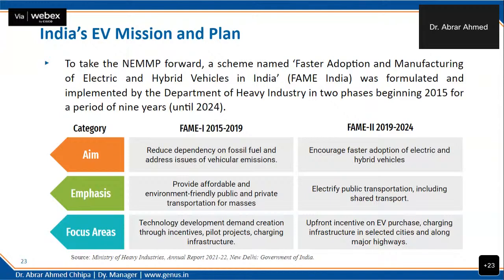If you look at the aim of these two FAME schemes, earlier in the FAME 1 scheme the main aim was to reduce the dependency on fossil fuel. Most of the incentive was provided for buying electric vehicles, with emphasis on providing affordable and environmentally friendly public and private transportation for the masses. The focus areas were technology development and demand creation.